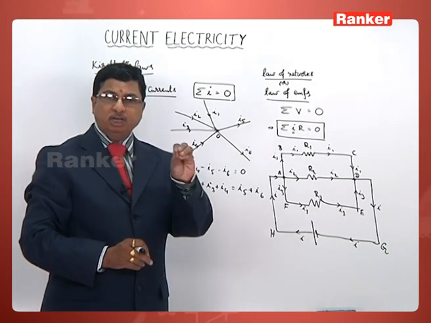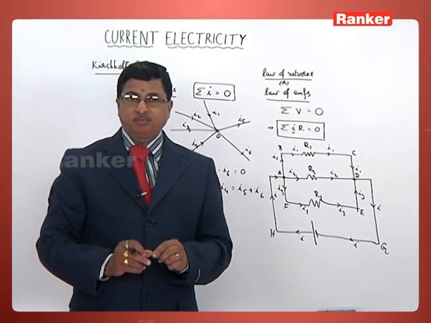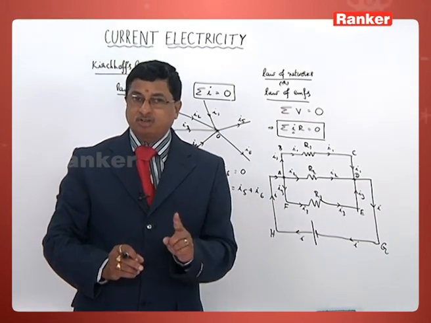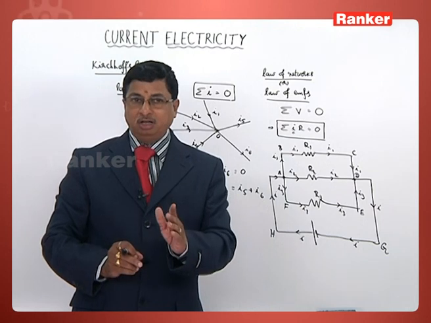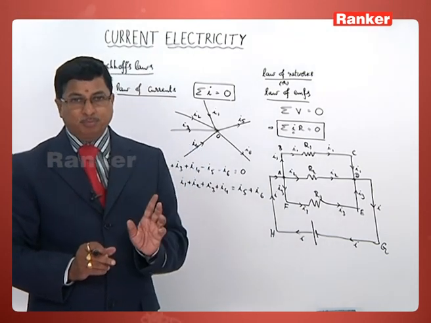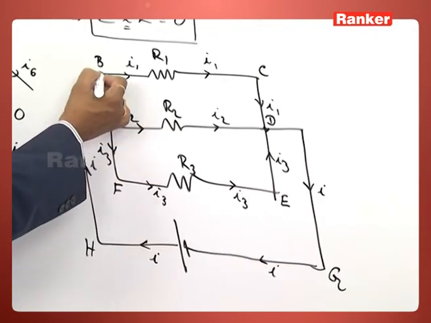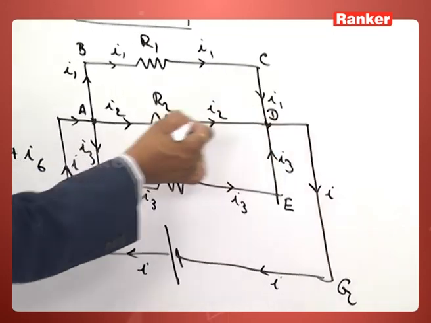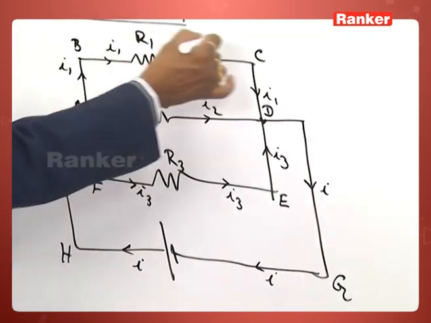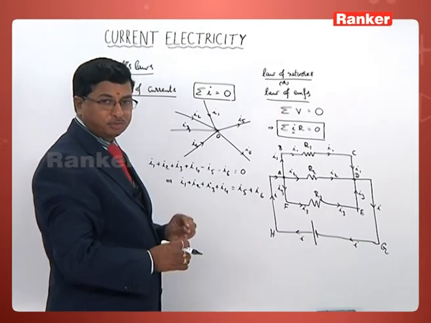You start from any point. If you can reach the same point without any obstruction in the middle, you can take that one as a closed network. For example, if you start from A, go to B, then to C, then to D and come back to A, this is a closed electrical network or a circuit.